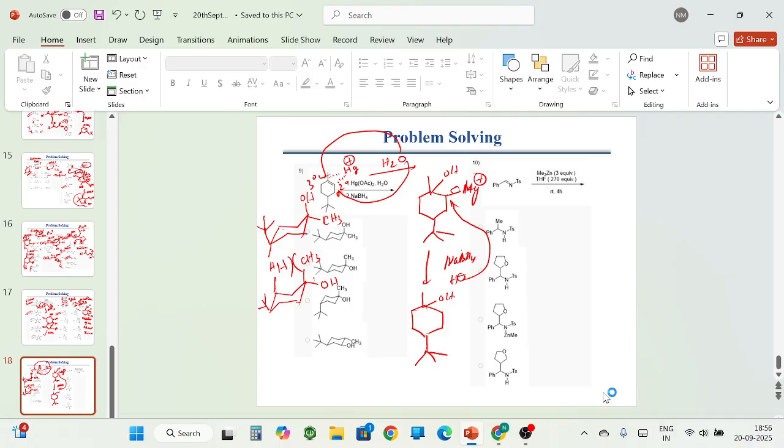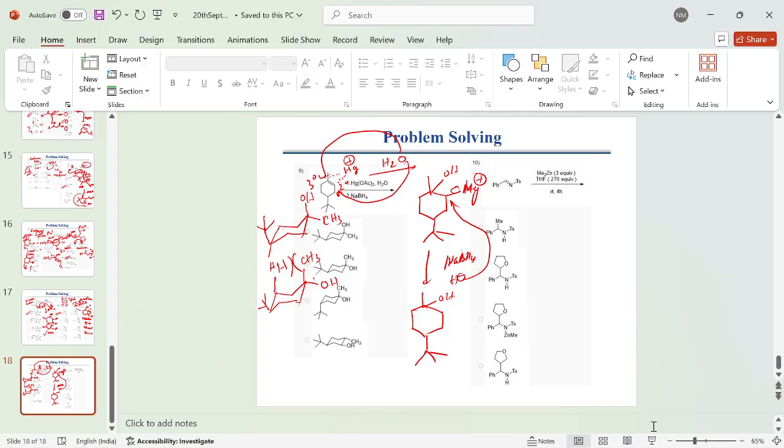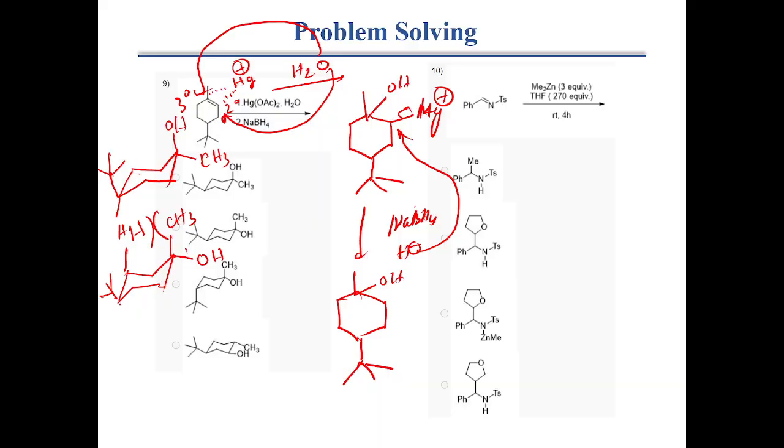So here is 1,3 axial interaction, that hindrance happens. But in these cases, no such hindrance is there. That's why this is not possible due to the 1,3 interaction. So the right answer will be this one.